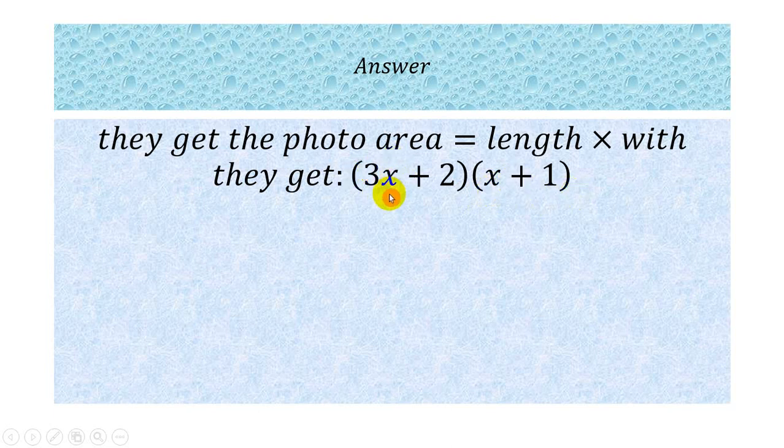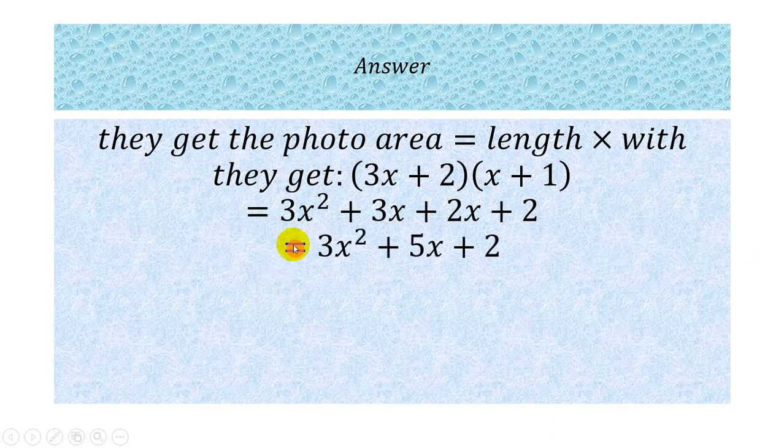We multiply: 3h times h equals 3h squared. 3h times 1 equals plus 3h. 2 times h equals plus 2h. 2 times 1 equals plus 2. We get 3h squared plus 3h plus 2h plus 2. Then we can simplify the result.